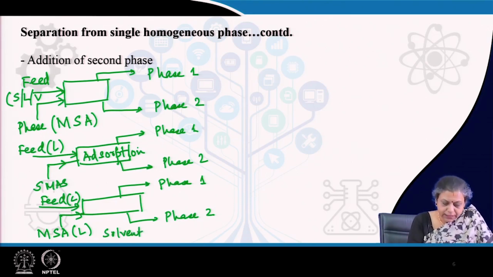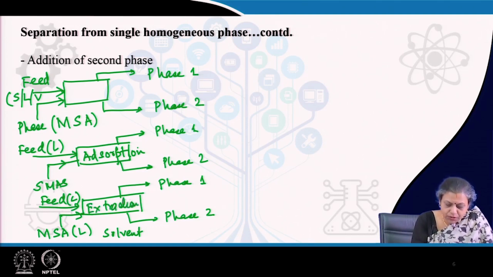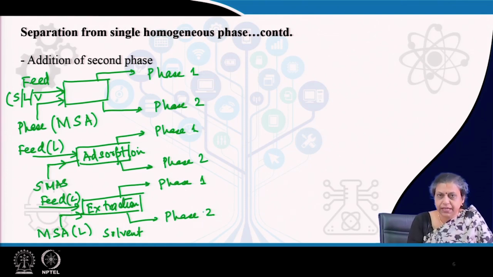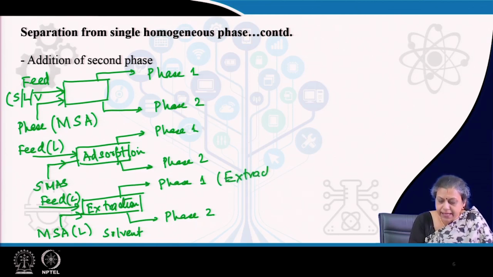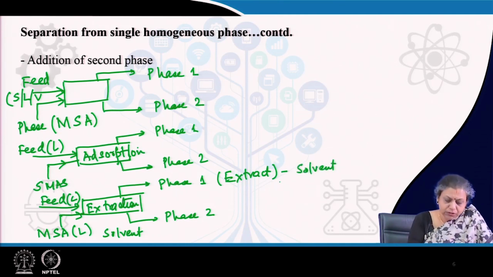This solvent extracts some particular components more than the other components, and the product which we get is normally known as the extract. The extract contains a greater portion of the solvent, and maybe some portion of the main liquid in the feed, and a greater portion of the component which it is supposed to extract.